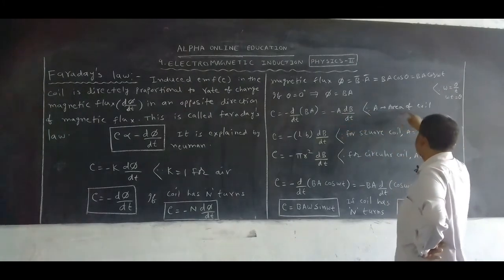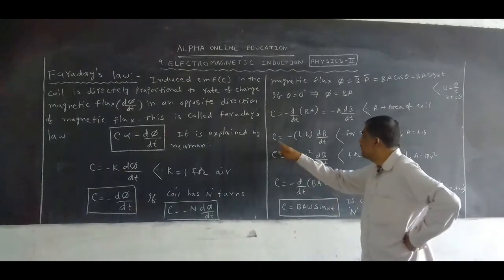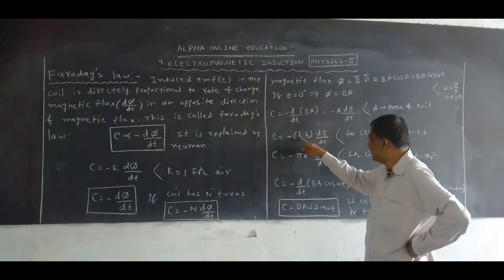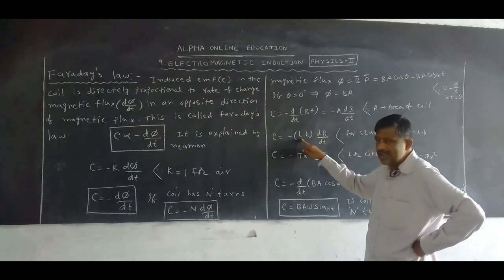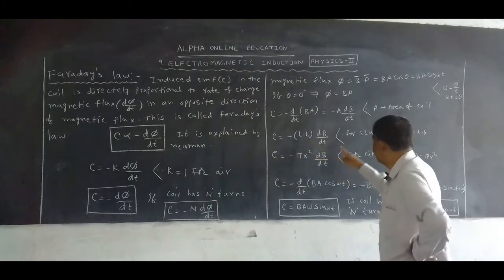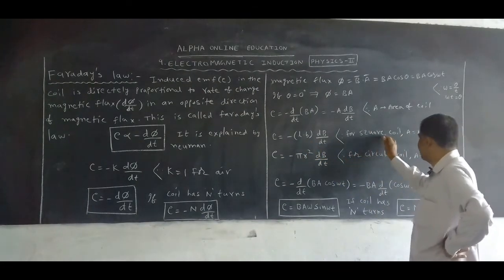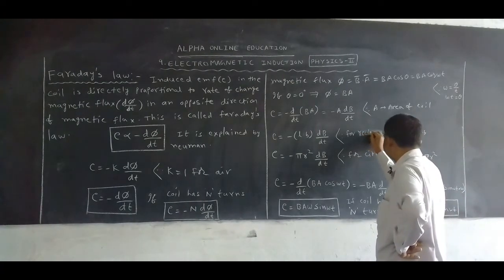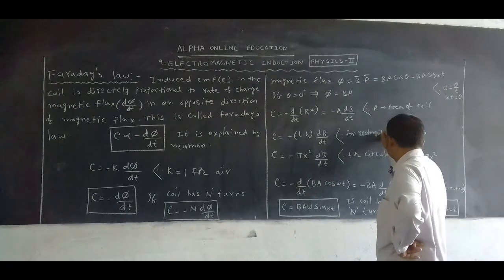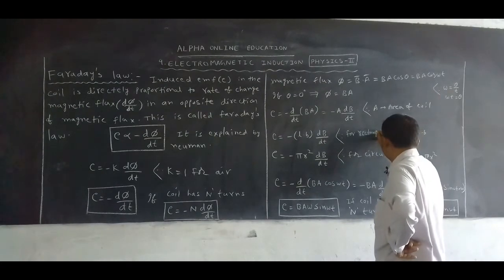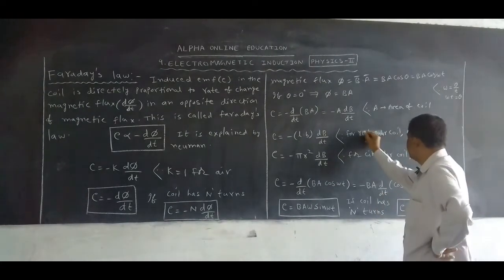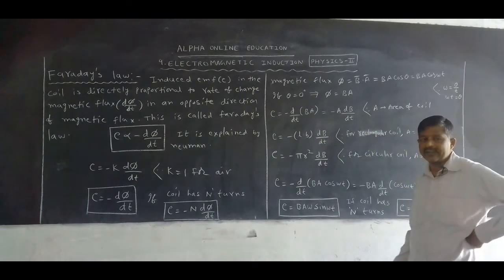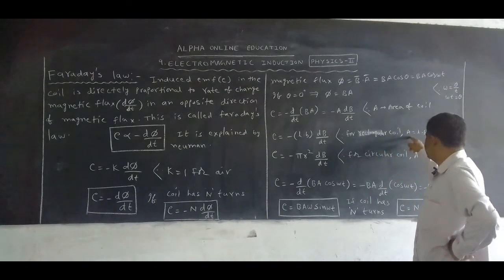What is A? Area of the coil. Instead of area, I take L into B, where L is length and B stands for breadth. For a rectangular coil, area is equal to length into breadth.